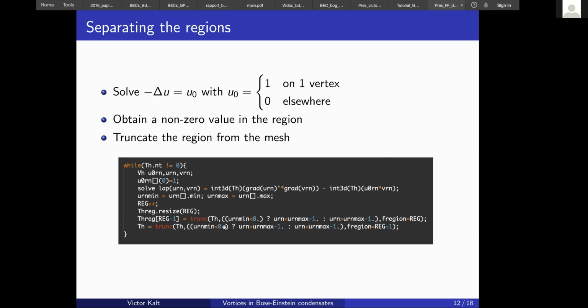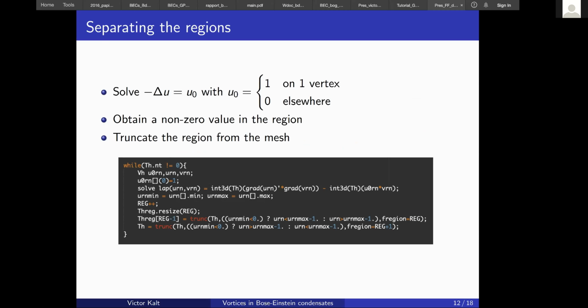The number of iterations corresponds to the number of regions inside the mesh. So it's a loop until there are no triangles left in the mesh that are not in one extracted region. So you want to compute almost subdomains? Yes, it is this.